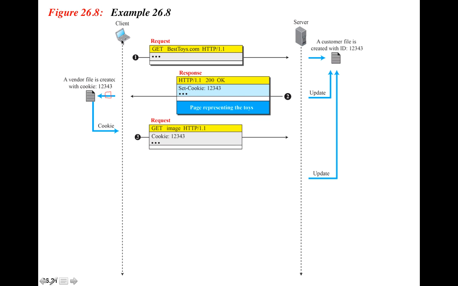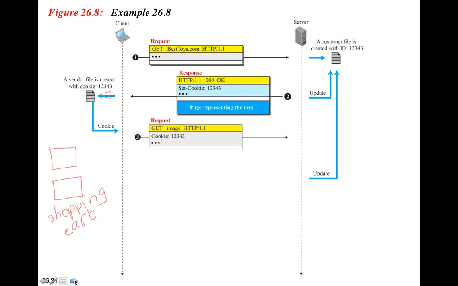And if the client goes off and shops, looks at different items and adds them to the shopping cart, okay? Adds them to the shopping cart. All this information about what the client wants to purchase will be stored inside the cookie.